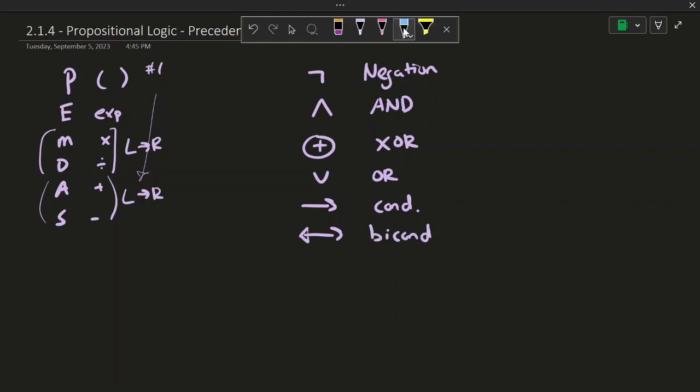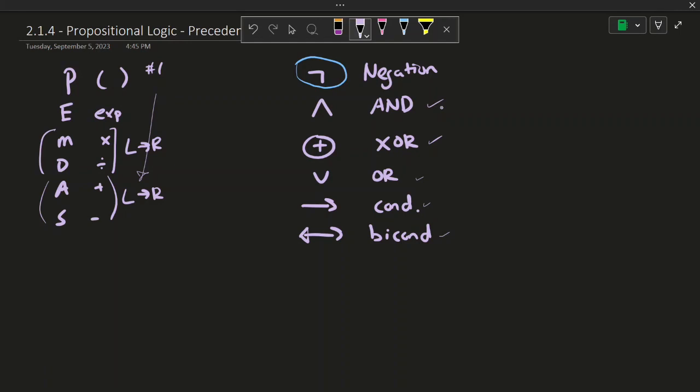Important to note is that the negation is number one. So that one's always going to take precedence over all others. And then it does follow a pretty strict order: then goes AND, XOR, OR, conditional, biconditional. And at the very end, we'll follow left to right.